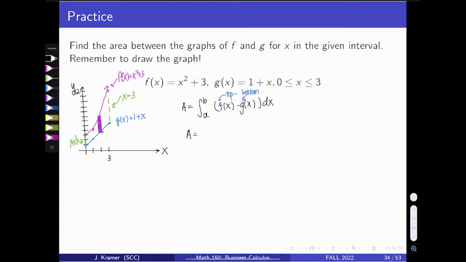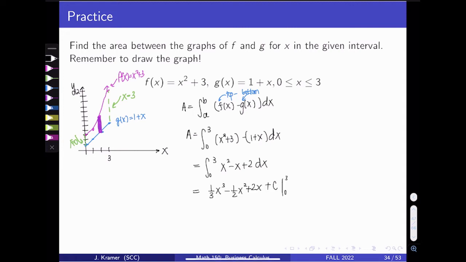So the area will be the integral from 0 to 3 of x squared plus 3 minus 1 plus x dx. We'll simplify the integrand, which becomes x squared minus x plus 2, and then we will take the integral using the power rule for antiderivatives.